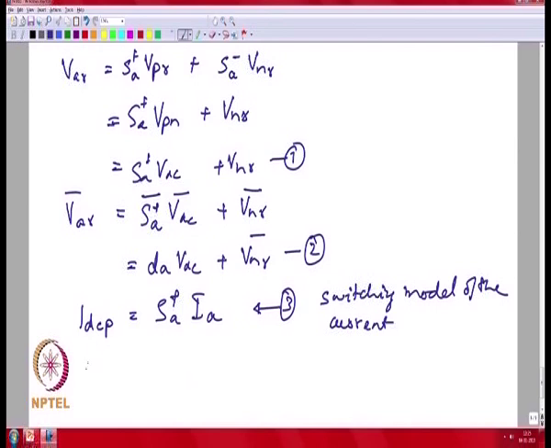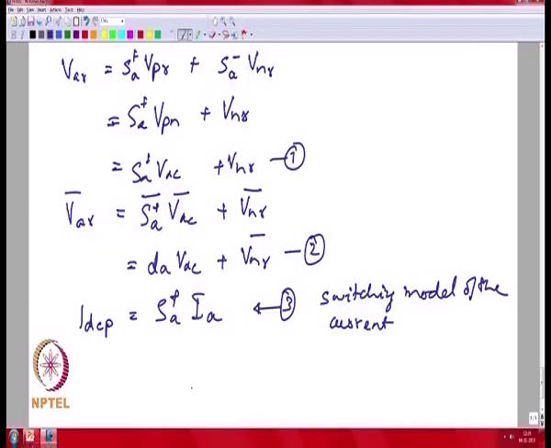If you then take the average here, taking the average of SA plus IA, we are again going to make the assumption that IA does not change significantly over one switching period. This might be a looser assumption compared to assuming that the DC bus voltage is staying constant. It does have implications.